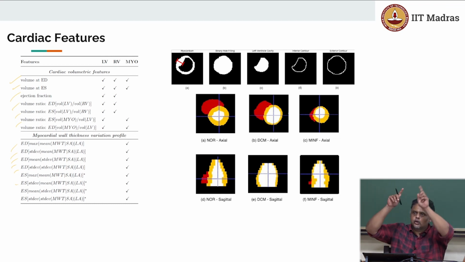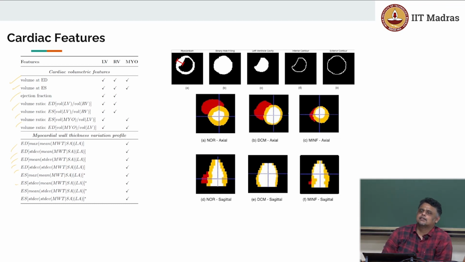At every node, you will choose one of these features, figure out a threshold that will split optimally, and keep going till you get the leaf node. Here, in this case, I'm simplifying it. It's not 2 categories, there are 5 categories. The way you would do 2 categories is you can do one versus the rest. Say normal versus abnormal, and take one of the diseases, let's say myocardial infarction, versus the rest.